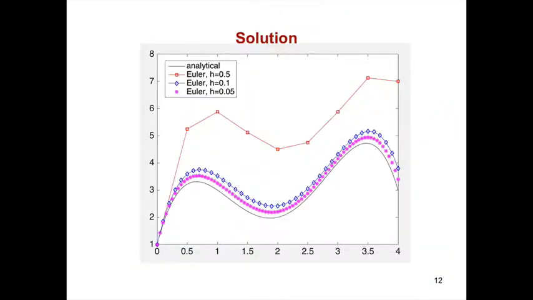The whole idea, though, is that as my step size improves, so this is the step size of 0.5, if I actually do 0.1, I'm going to get much closer to this analytical solution. So pull out your computers. I want you to program this.